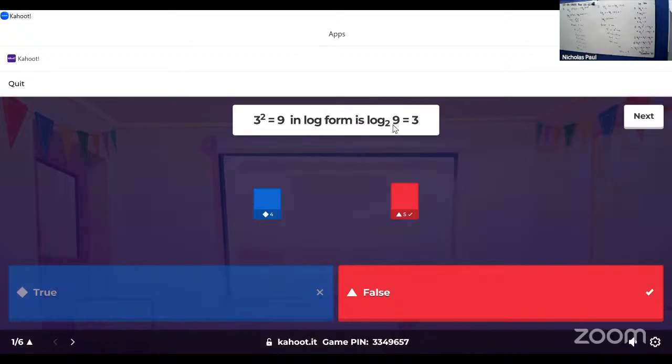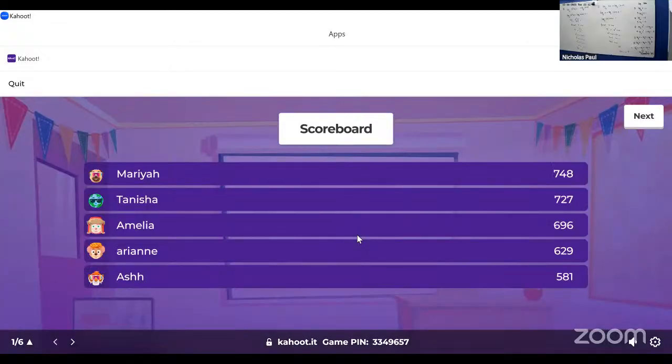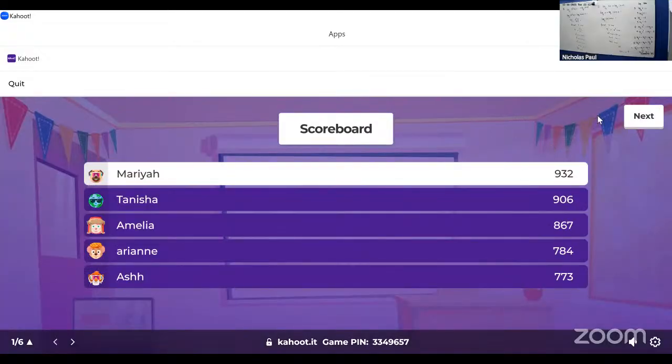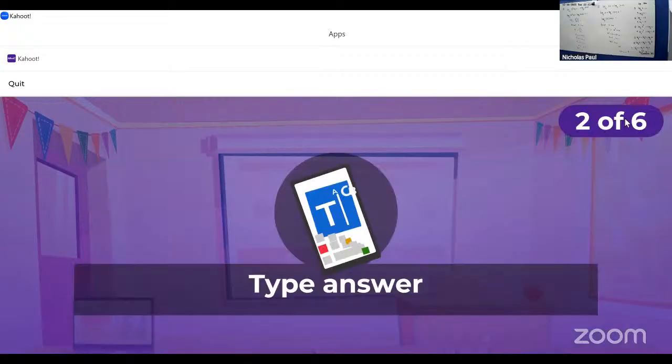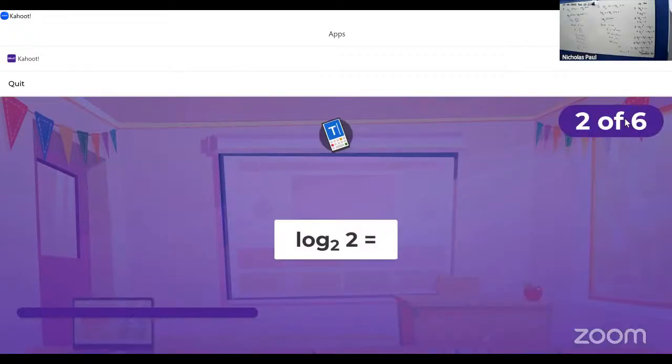Right, it's supposed to be what? 2 to the 3 and 9. Okay.